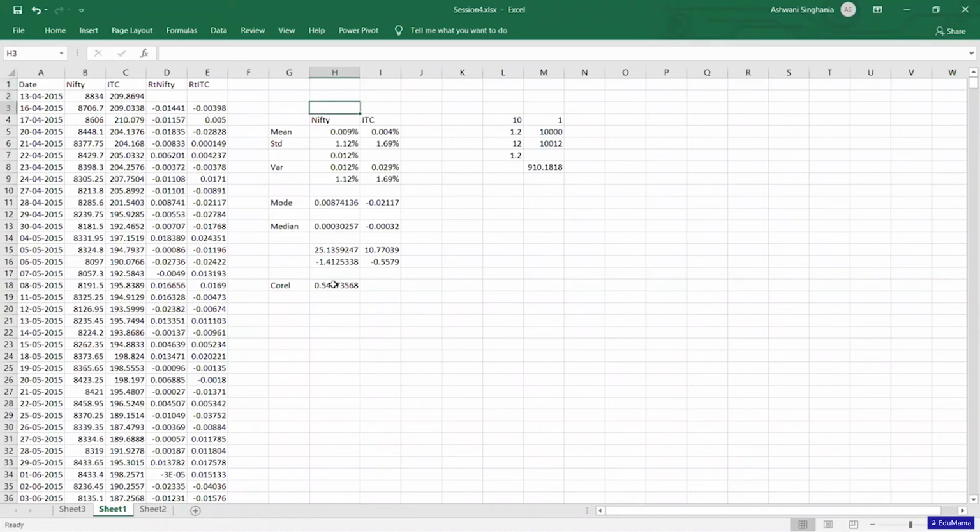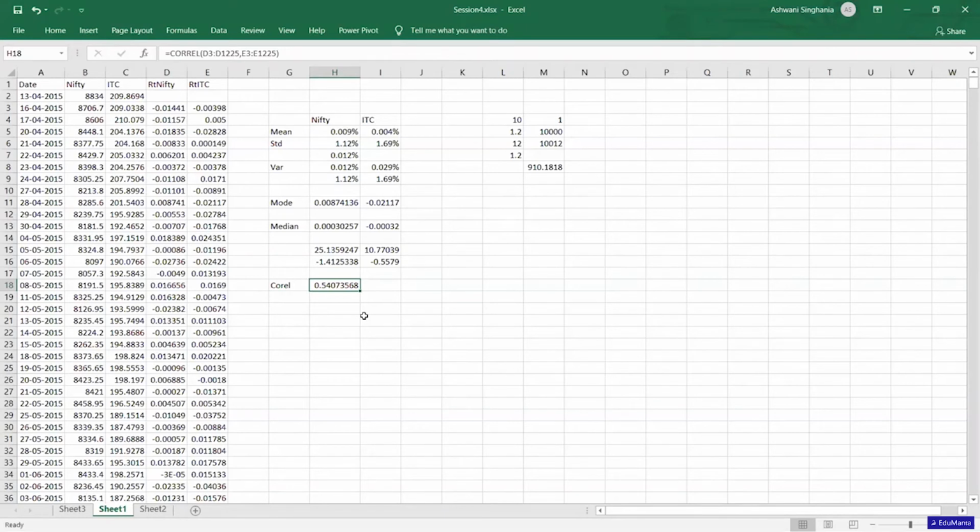And if it is negative correlation, suppose it is -0.54, it means both data are negatively correlated. If it were -1, then if Nifty gives a positive 10% return, ITC will give negative 10%.